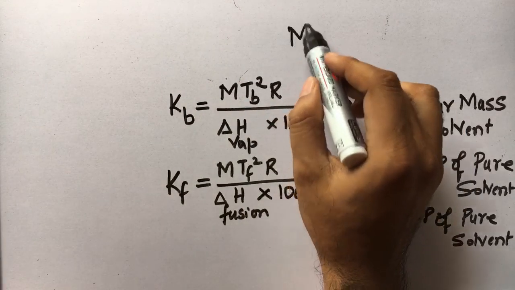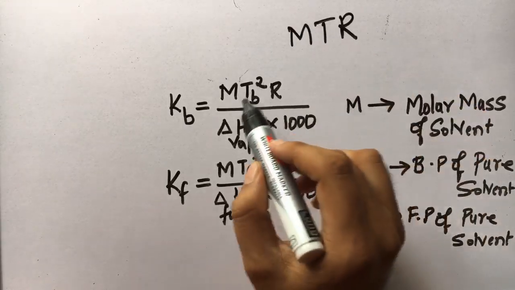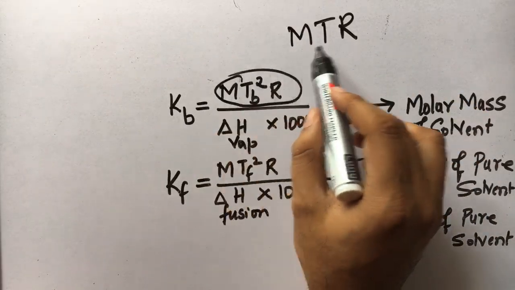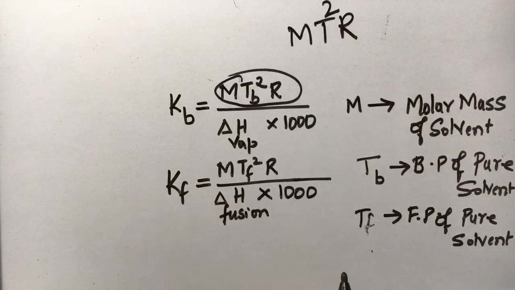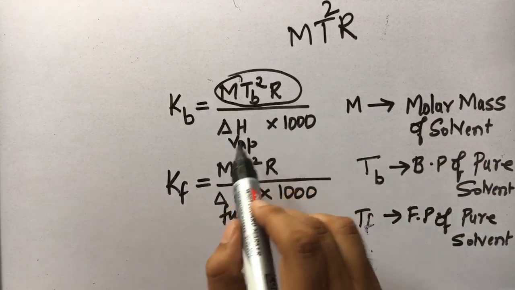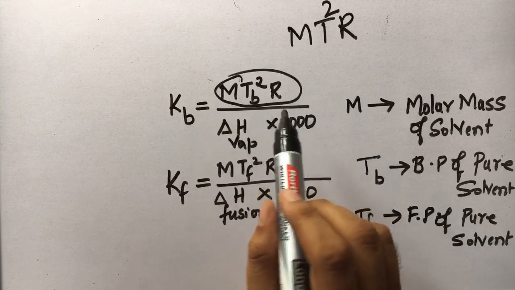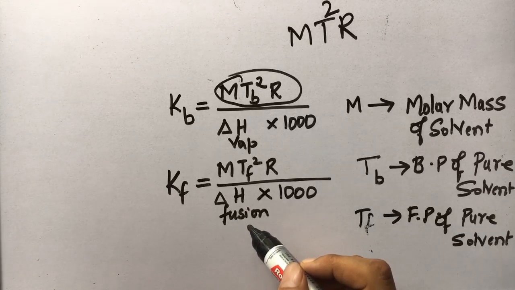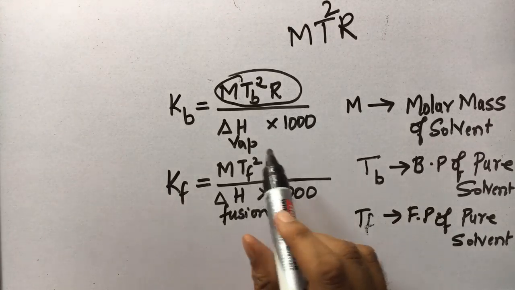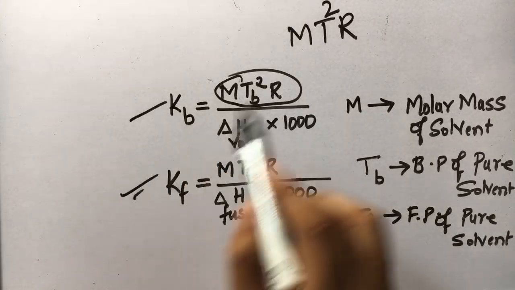MTR. So you can see the similarity here, MTR. Where we have a square, MT square R. So MTb square R divided by delta H vaporization; boiling means vaporization, freezing means fusion. So therefore you can remember this as a formula and as a shortcut, MTR.